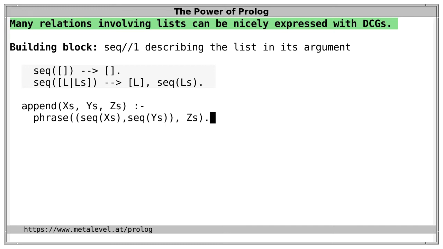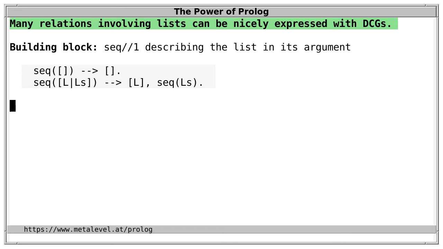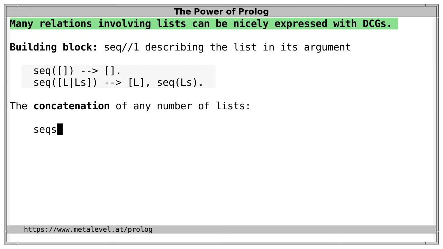Because this holds if Zs is the concatenation of the lists Xs and Ys. And we can easily generalize this to the concatenation of any number of lists, not just 2. And a good name for such a non-terminal is not this, but rather seqq. So if there are no lists, then it describes the empty sequence.